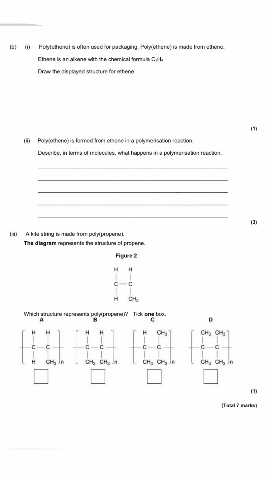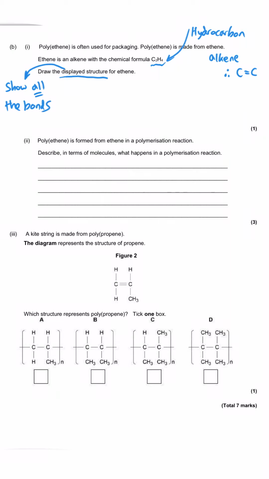The question then moves on to take a look at polymerization of ethene. And ethene is an alkene, and we can see that it is a hydrocarbon which has got the formula C2H4. So we know it's an alkene, so the first thing I suggest you do when you've been asked to draw the displayed formula of an alkene is draw the double bond with the equal sign between those 2 carbon atoms.